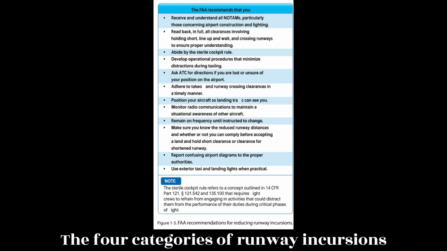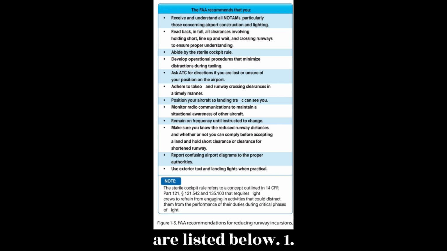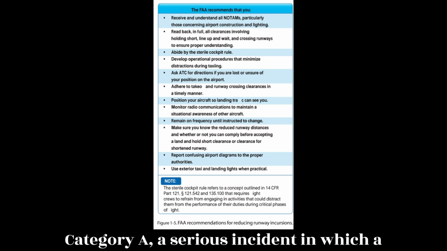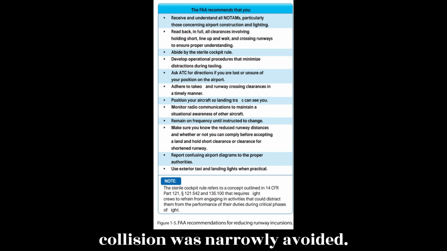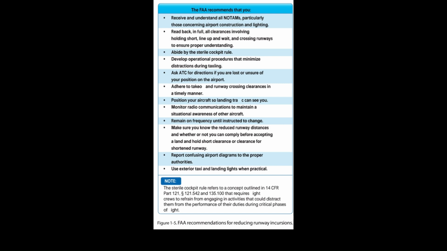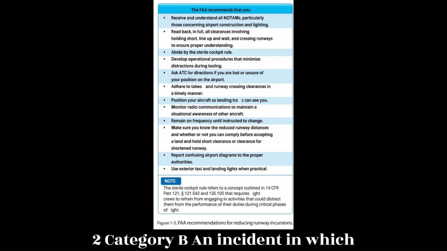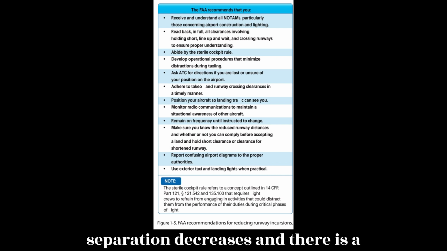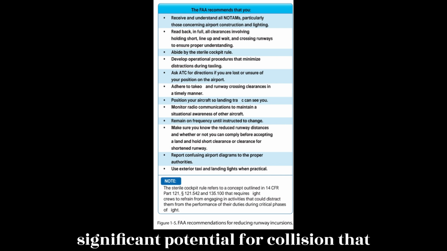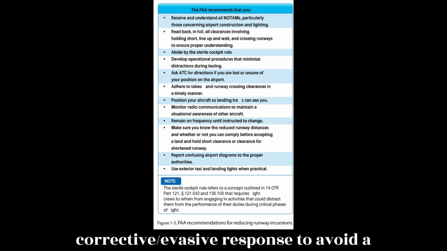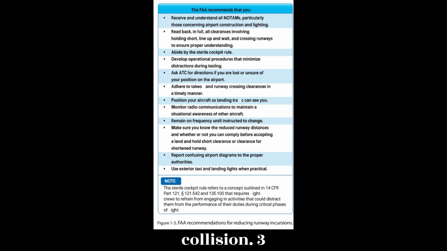The 4 categories of runway incursions are listed below. 1. Category A: a serious incident in which a collision was narrowly avoided. 2. Category B: an incident in which separation decreases and there is a significant potential for collision that may result in a time-critical corrective/evasive response to avoid a collision. 3.